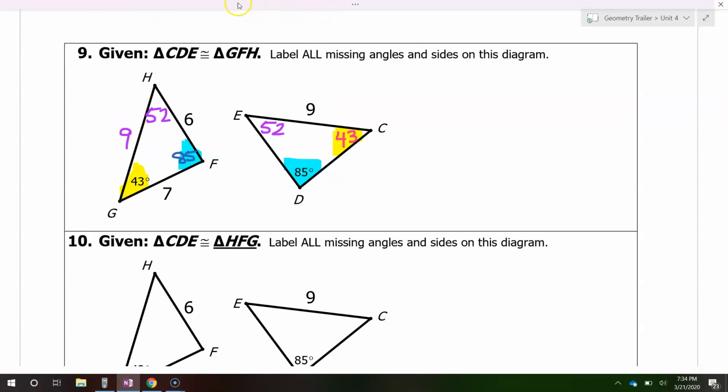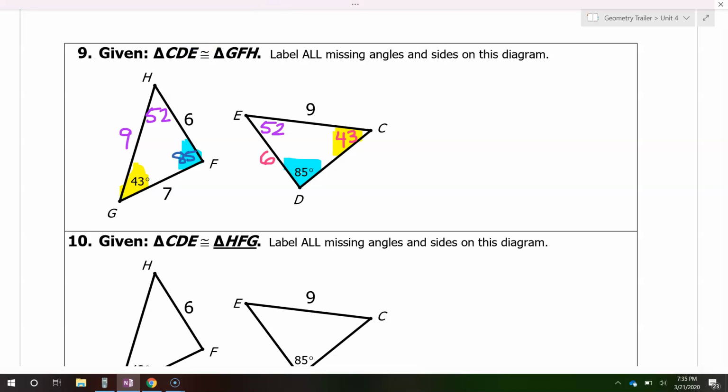Okay, great. What else do we know? Let's look at HF. HF is right here, and that corresponds to DE. DE is right here. So this should also be 6.